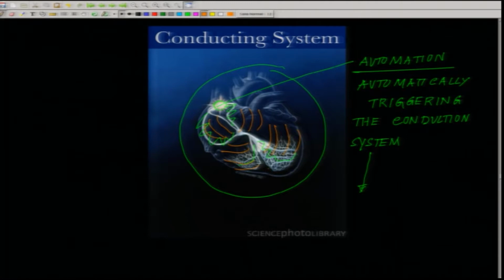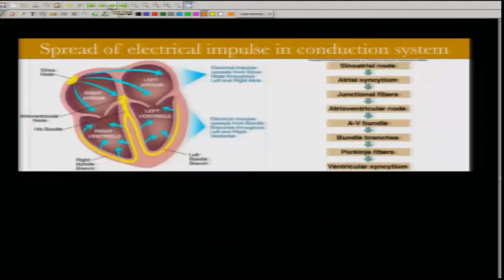Okay, at different points. Now, this is how the spread of electrical impulse in the conduction system happens from the sinoatrial node. This brighter color is the sinus node or sinoatrial node. I told you that the distance to be traveled will be more. Now the sinoatrial node impulse moves to the atrial syncytium. Atrial syncytium means this whole area, which looks like a continuous structure, right?